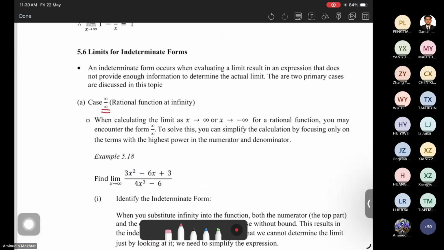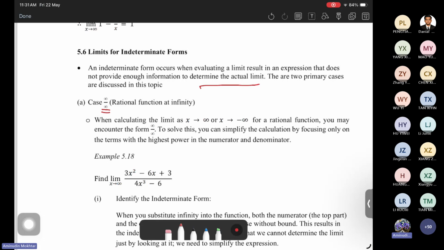In general, we can say that an indeterminate form occurs when evaluating a limit results in an expression that does not provide enough information to determine the actual limit. There are two primary cases here that will be discussed in this part.